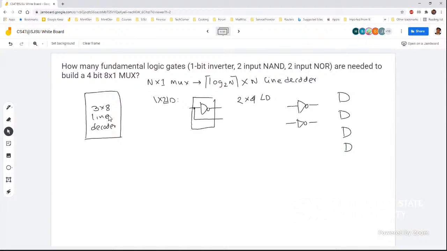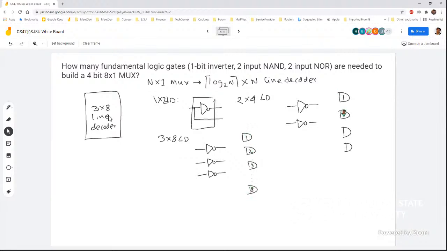Similarly, if you have a 3 by 8 line decoder, I'm not showing the exact connection, just component-wise, you definitely need 3 inverters to make the inversion terms. And how many AND gates would there be? Definitely 8. 8 AND gates, 1, 2, 3 till 8.